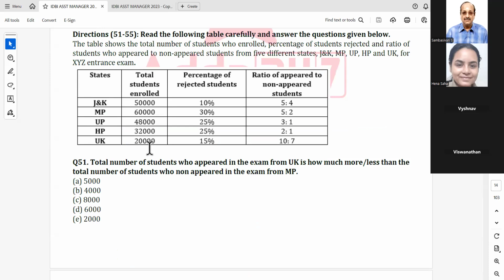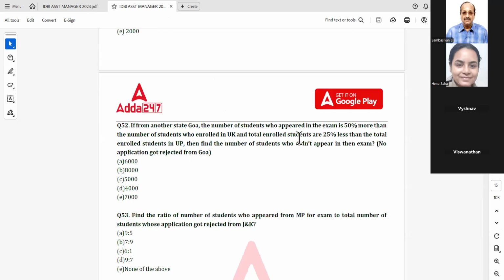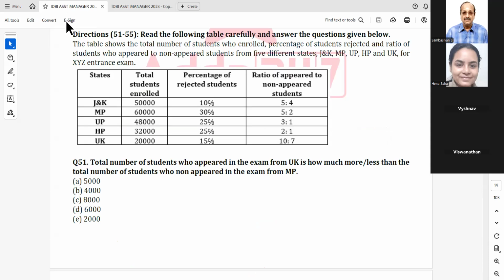And 50% more means 30,000 is the number of people appearing in Goa. Then 25% less than the total enrolled students in UP. Total enrolled students in UP is 48, not 36.